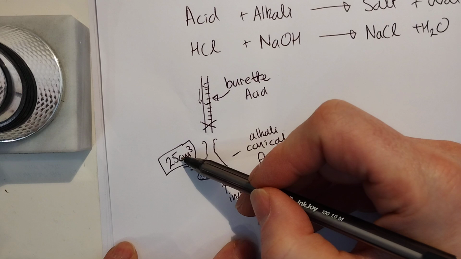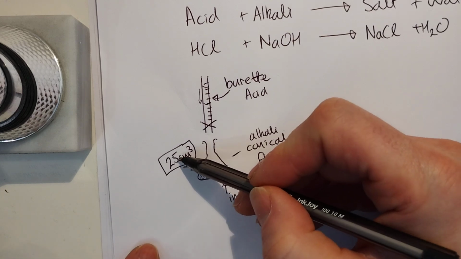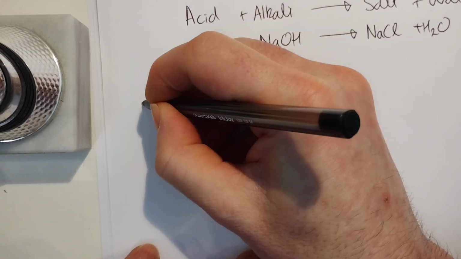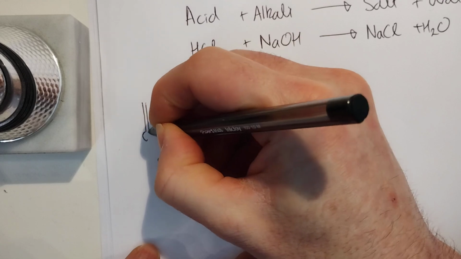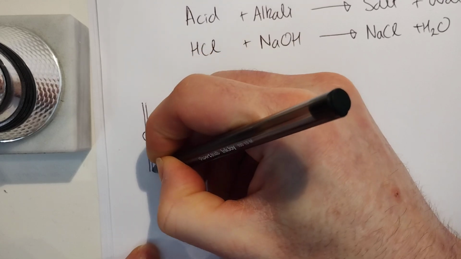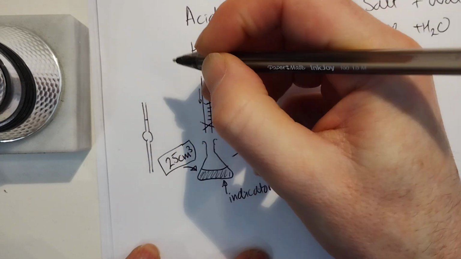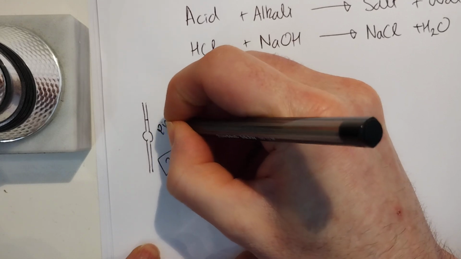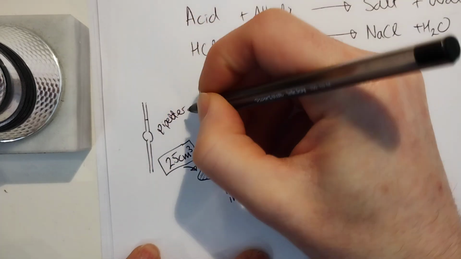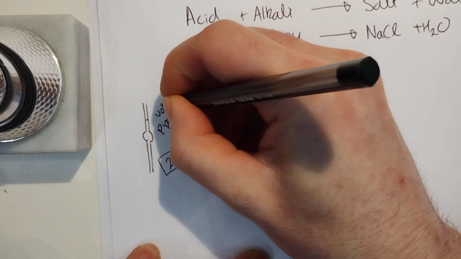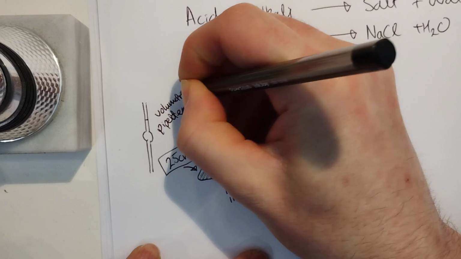This 25 centimetres cubed has been very, very precisely measured out using a piece of equipment that looks like this, and hopefully you've used one of these in school as well. This piece of equipment is called a pipette, also known as a volumetric pipette.